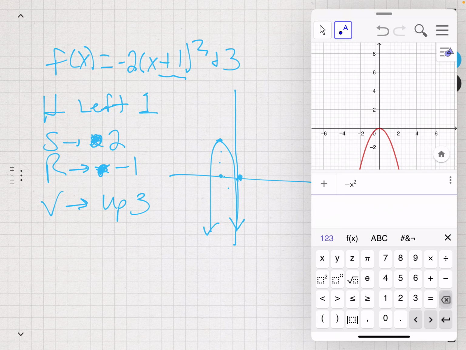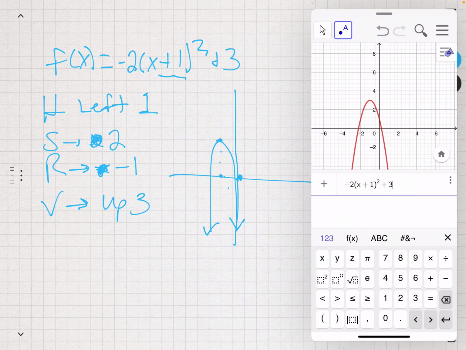And if we're correct, we'll type that in over here. We go negative 2, parenthesis, x plus 1 squared plus 3. And that looks pretty good to me.